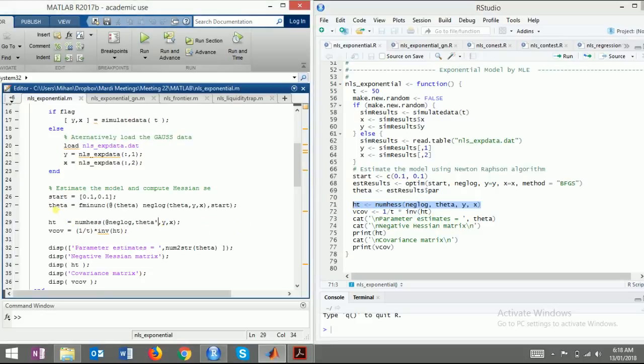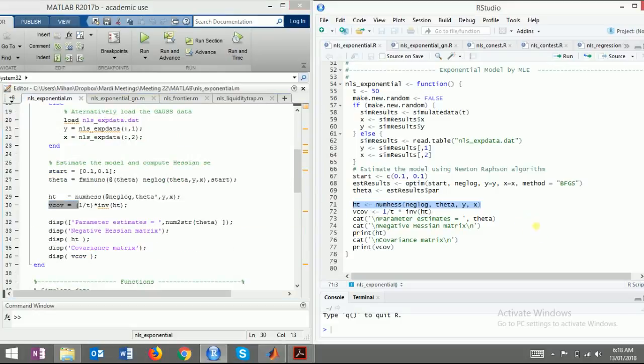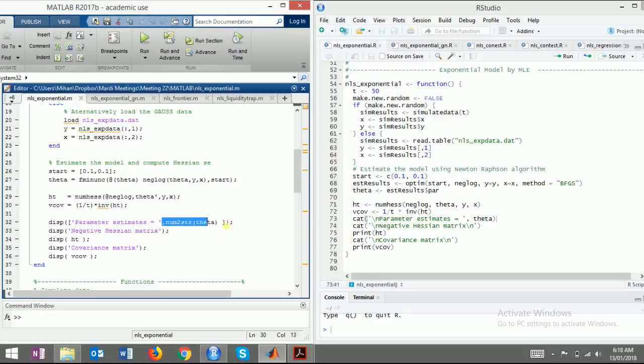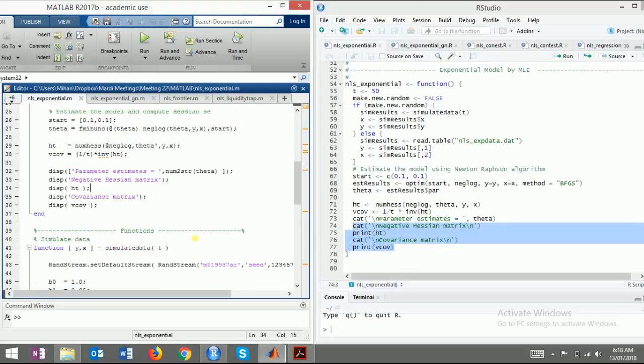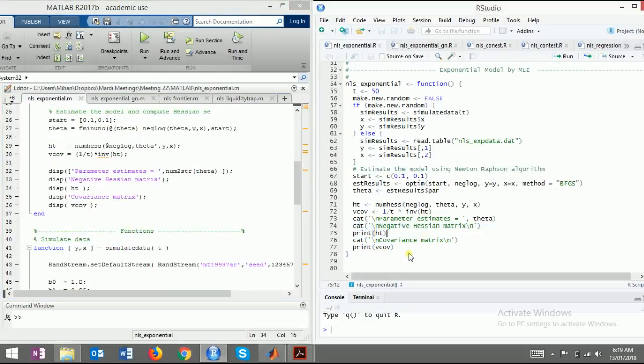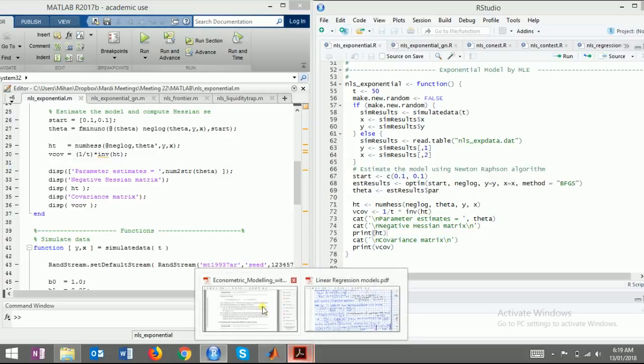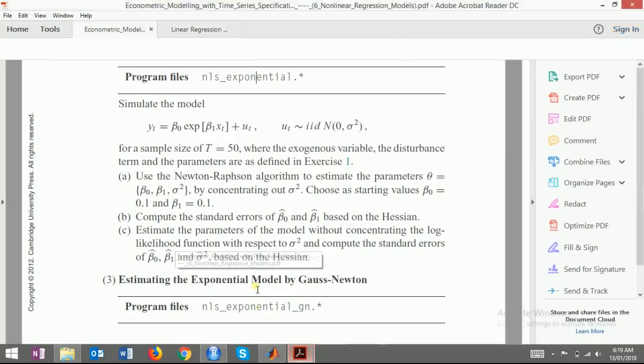Theta transpose, because probably theta is in rows, or it will automatically understand. The variance covariance matrix is simply the inverse of 1 by t, inverse of the Hessian of theta. So we have concatenate and display. Parameter estimates is theta. Negative Hessian matrix, covariance matrix. That's all we needed to actually estimate. Very simple. Okay, so this is the exponential model using Newton-Raphson, concentrating out variance and not concentrating.